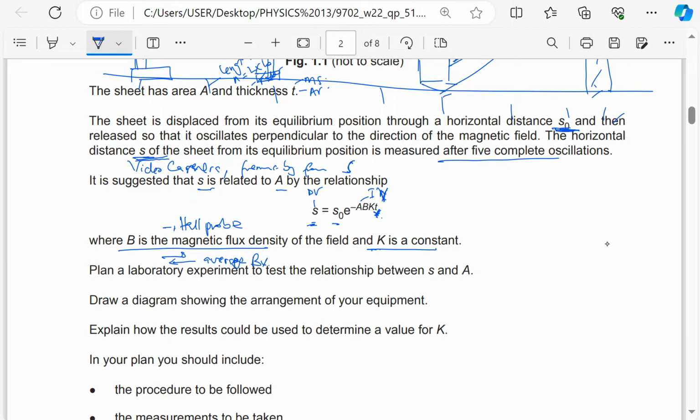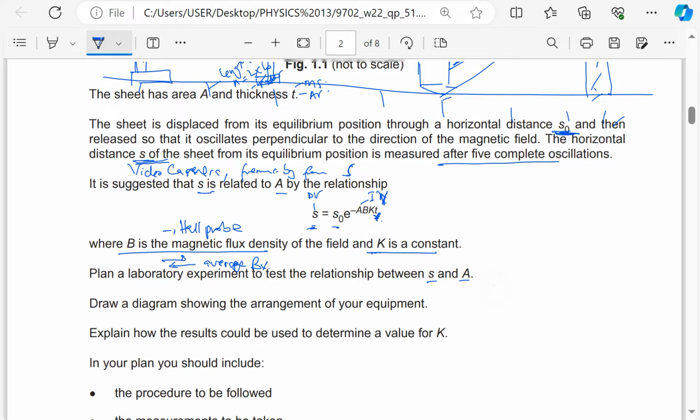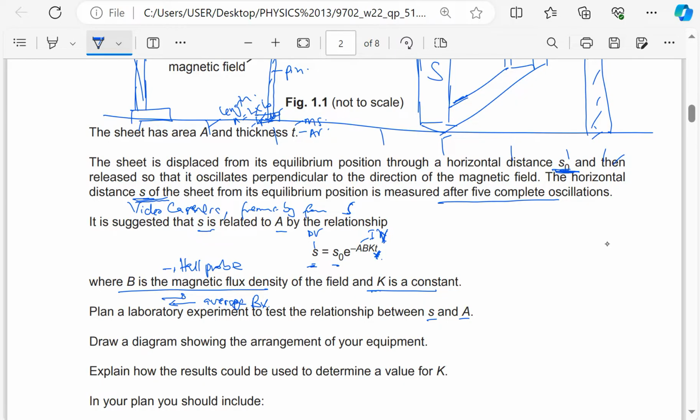Then plan a laboratory experiment to test the relationship between S and A. We are going to take several measurements. So which graph shall we plot? I will introduce ln because one of the variables is a power of e. So ln of S equals ln of S naught plus ln of e power negative ABKT, where I only remain with the power negative ABKT.